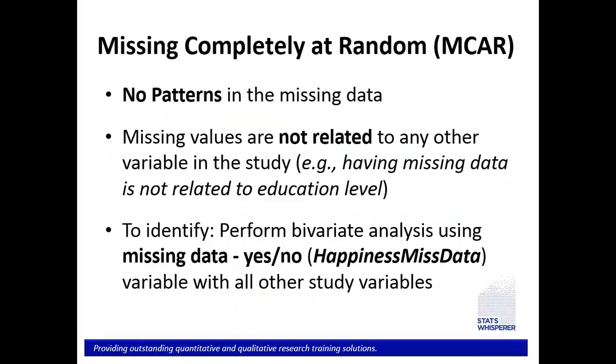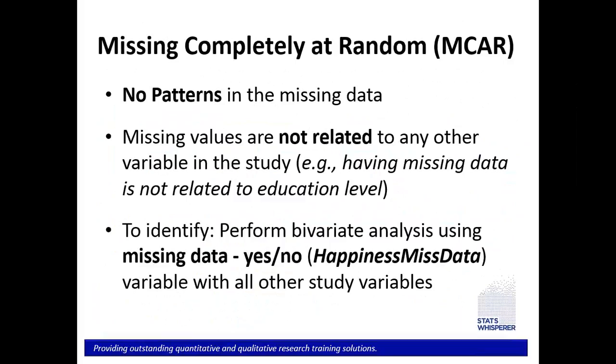For purposes of missing completely at random, we would say missing values are not related to any other variable in the study. For example, having missing data might not be related to education level. So people at different levels of education, high school, college, and graduate school, might be just as likely as the other category to have or not have missing data. So that means there's no pattern to it.